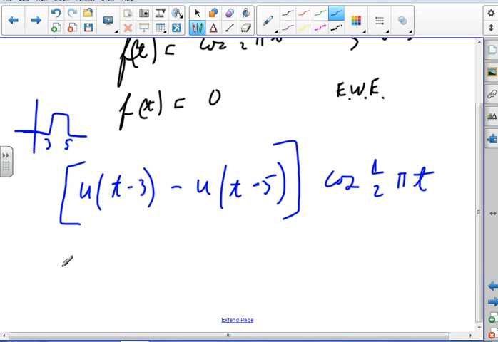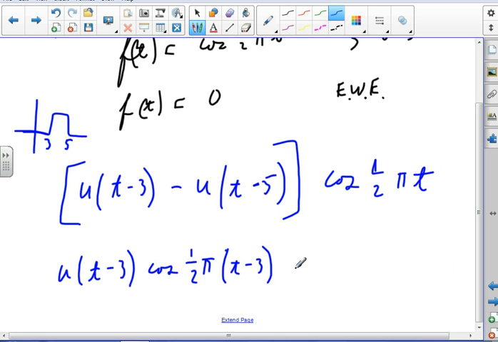I'm going to rewrite that as unit step function u(t minus 3) cosine of 1/2 pi (t minus 3) minus unit step function u(t minus 5) cosine of 1/2 pi (t minus 5).